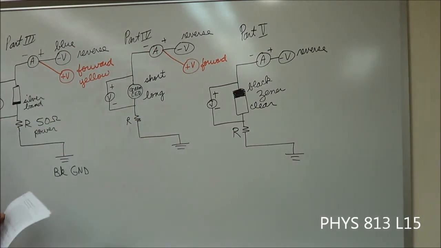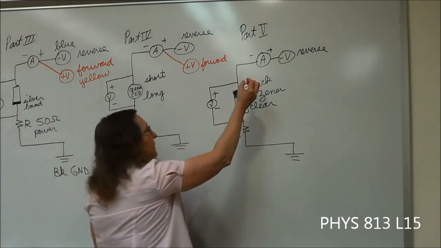So you'll have that circuit, and the whole idea is once you get this pretty much set up, when you go from one diode to the next, you simply take this one out, put the other one in, and maybe move this from forward back to the minus voltage. Let's see, I need to put this over here.